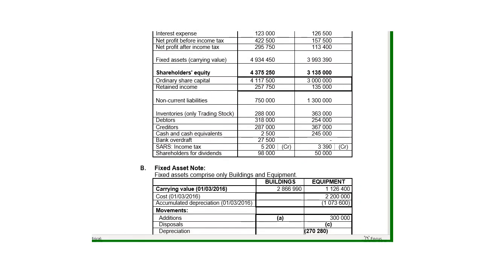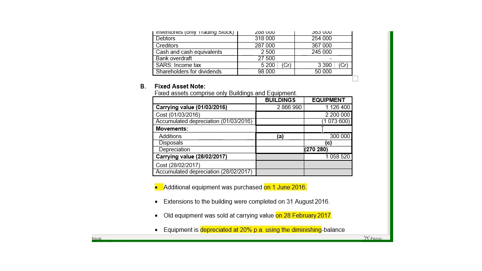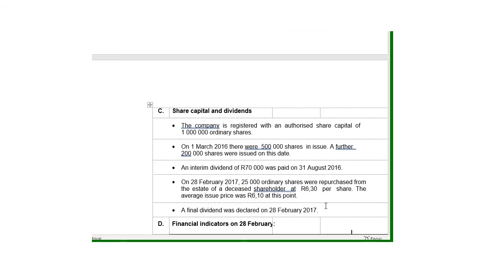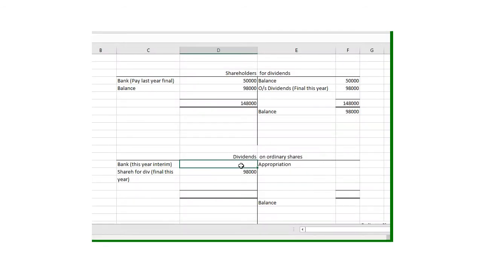So it won't be in the information up there, so I must go down and see if they give me any additional information about dividends and capital. The third one: interim dividend of 70,000 was paid. So just to close off this account, it's 168,000, which means that side must also be 168,000. So the amount going to appropriation is 168,000.